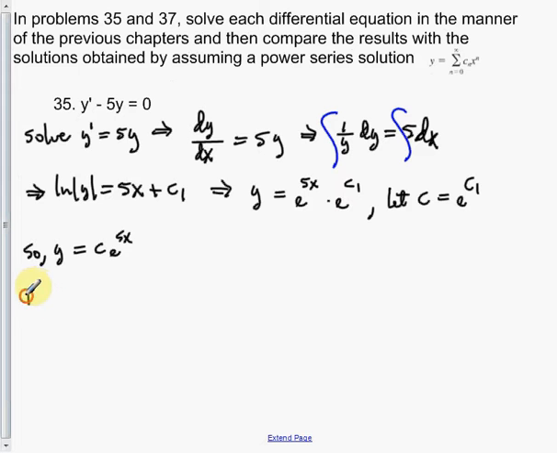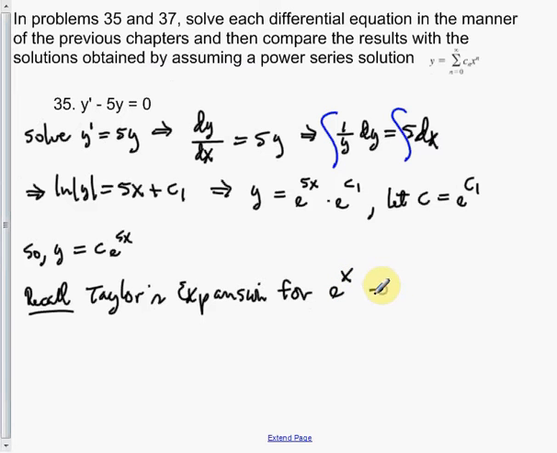Do you recall Taylor's expansion for e to the x? The summation as n goes from 0 to infinity of x to the n divided by n factorial, right?